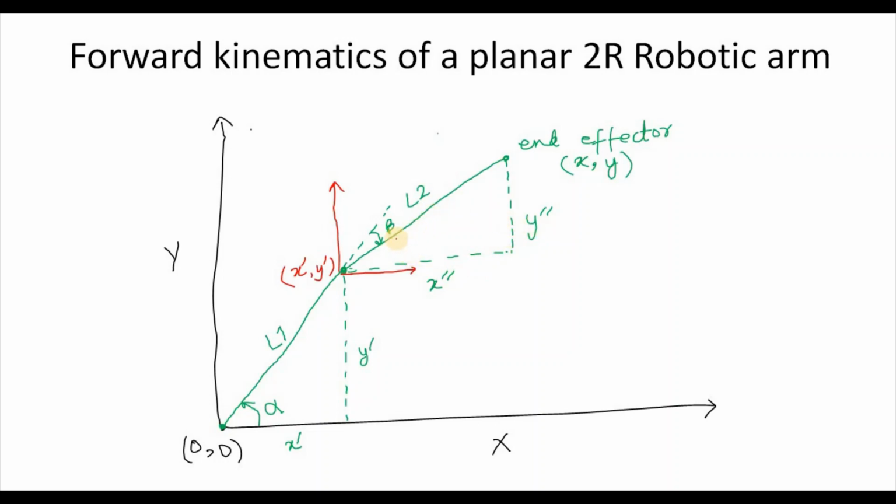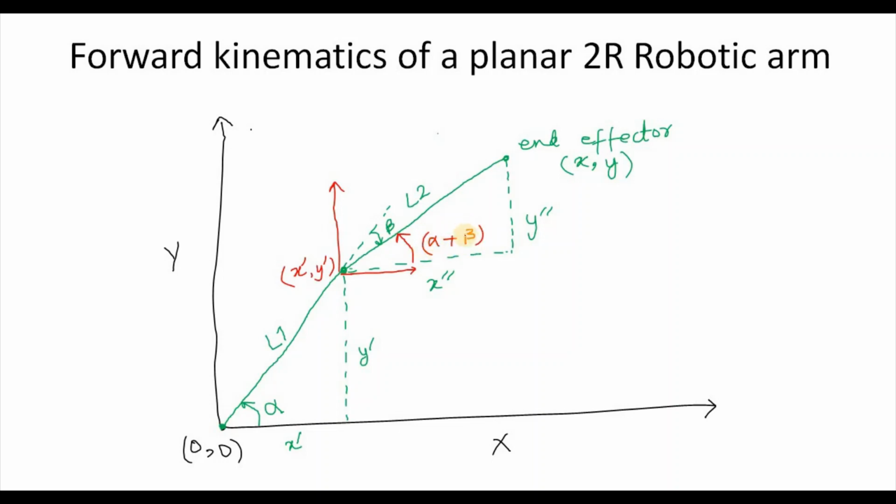What is still unknown is the angle with respect to the positive x-axis. This can be calculated because beta is known and alpha is also known. This angle is actually alpha plus beta.